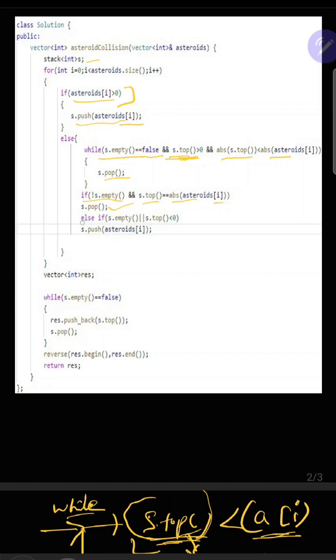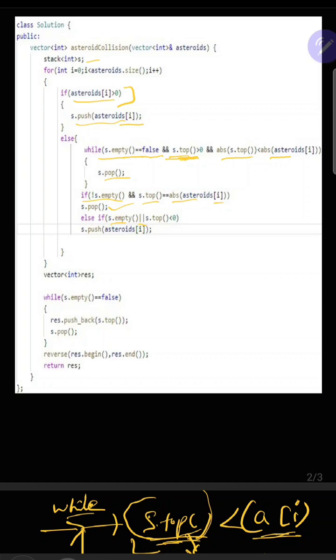Else, what I am checking: I am adding the condition or, if our stack is empty, we can push the asteroid. The upcoming left one we will push.